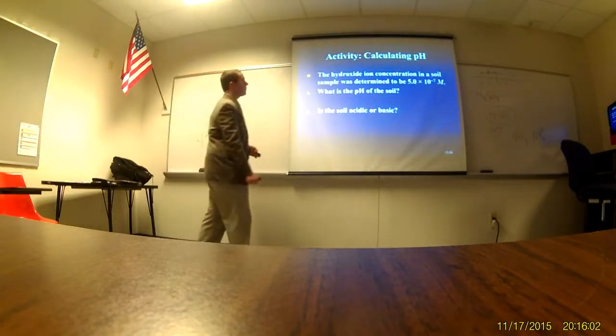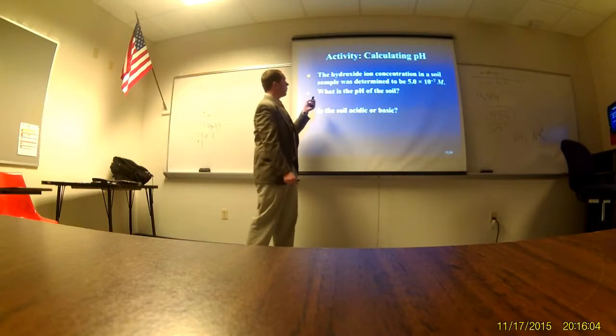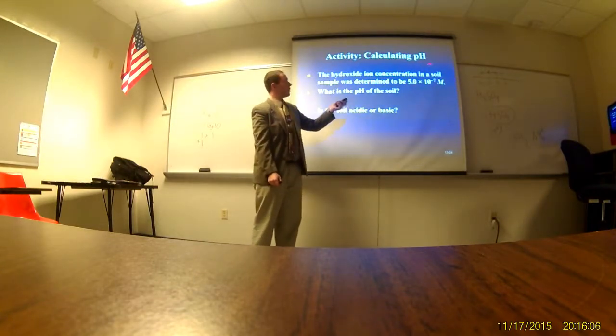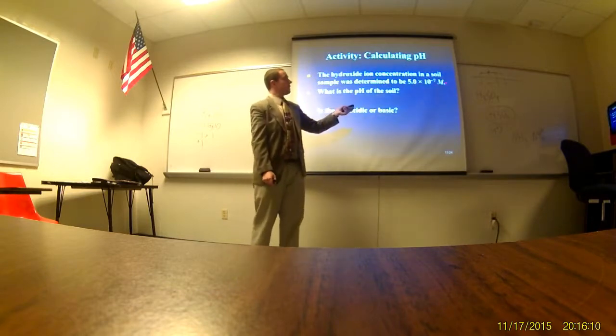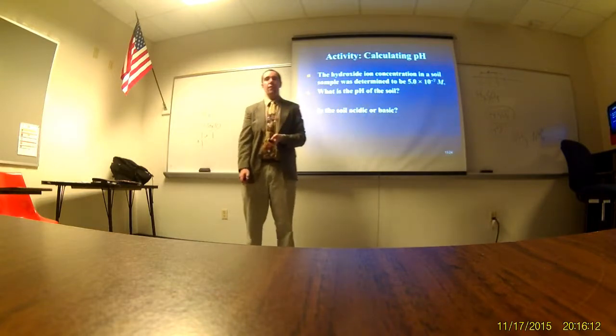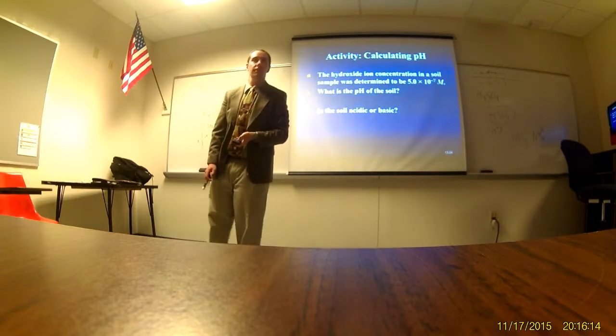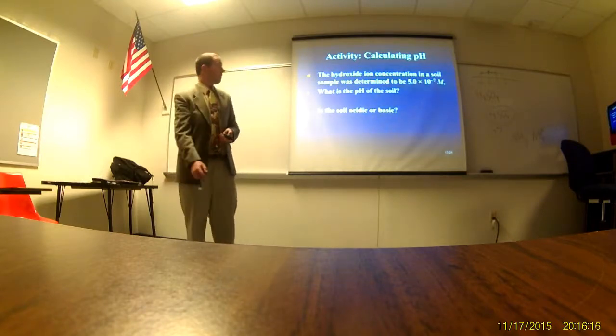Here we have some soil. We do a measurement on it, and we get the hydroxide ion concentration is 5 times 10 to the negative 7. What is our pH?